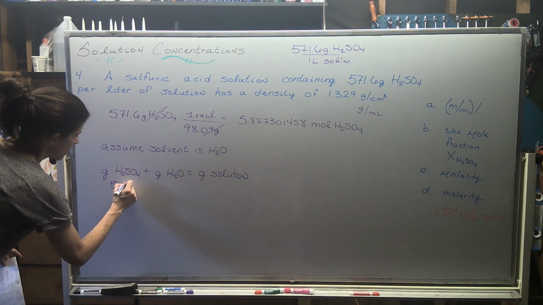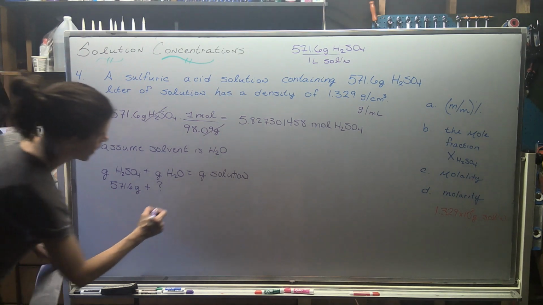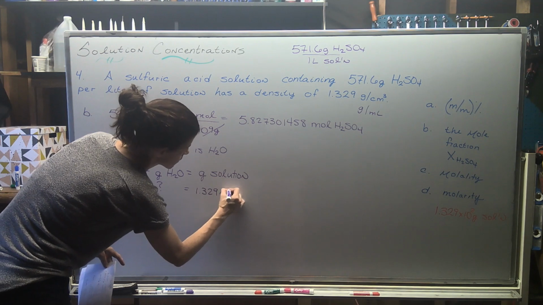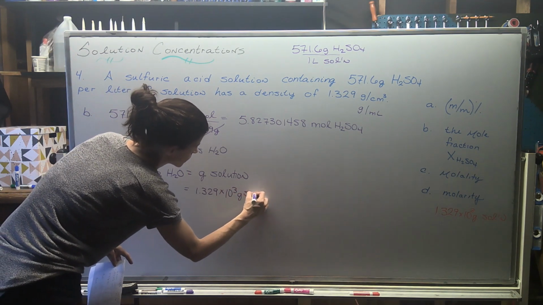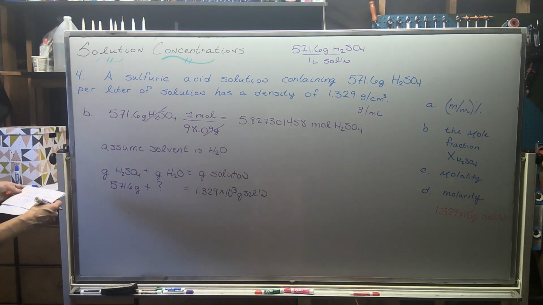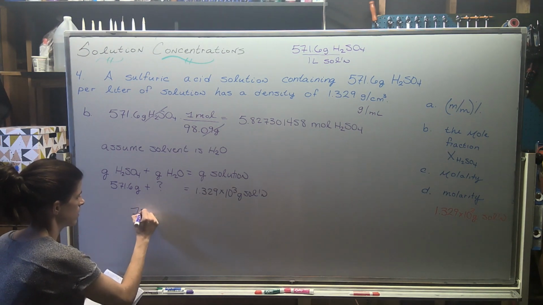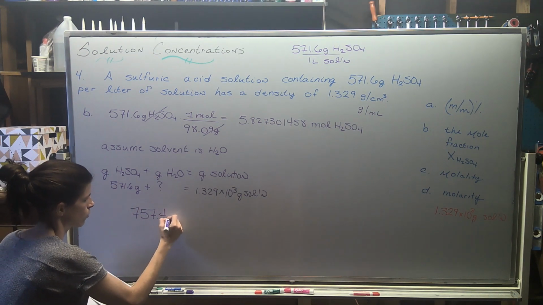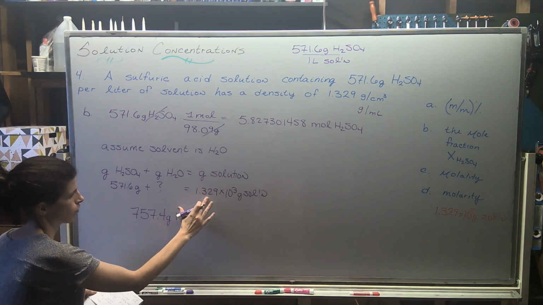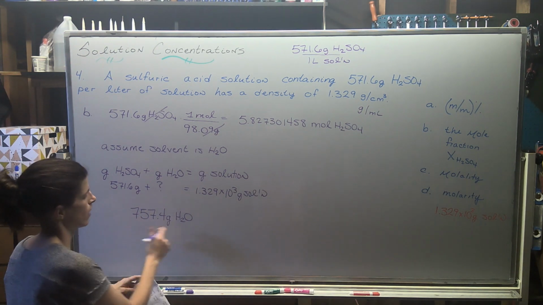So I got 571.6 grams of sulfuric acid, an unknown amount of water for now, and 1.329 times 10 to the third grams of solution. When I subtract, I'm able to figure out that I have 757.4 grams of water. So I did 1.329 times 10 to the third minus 571.6 to get this value.